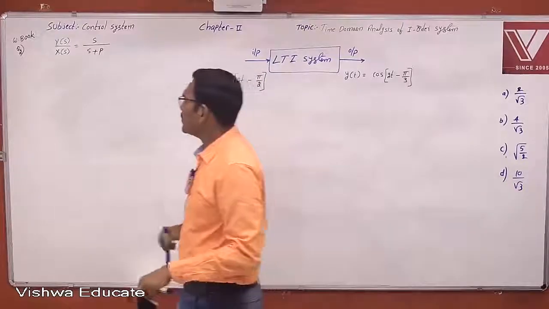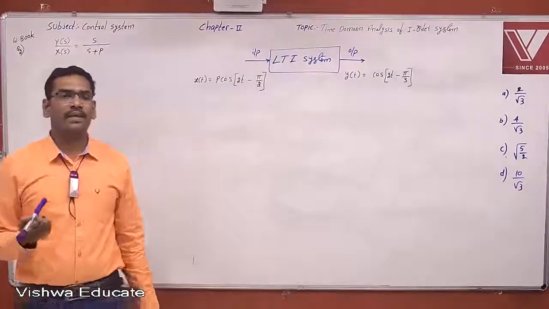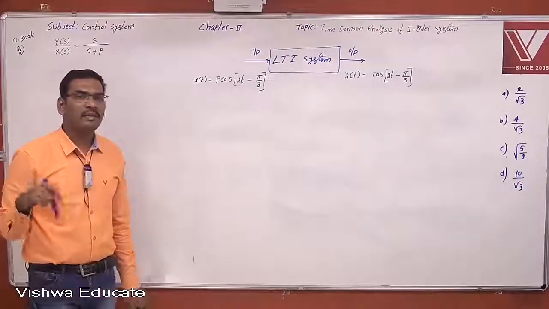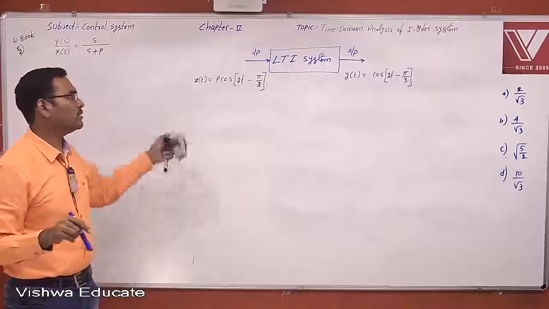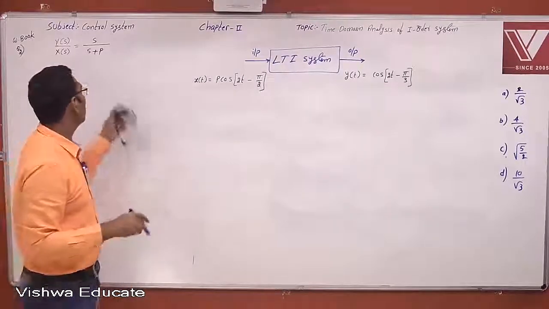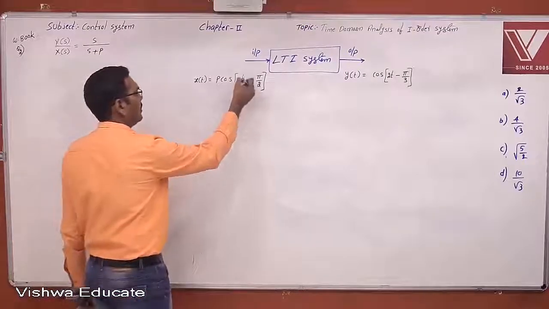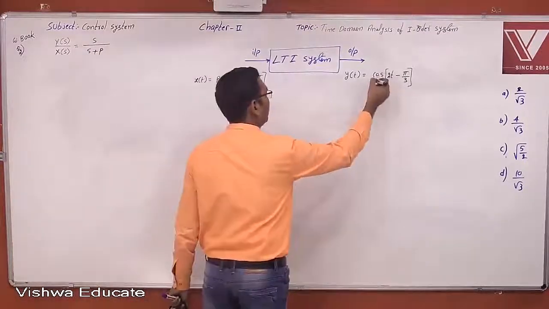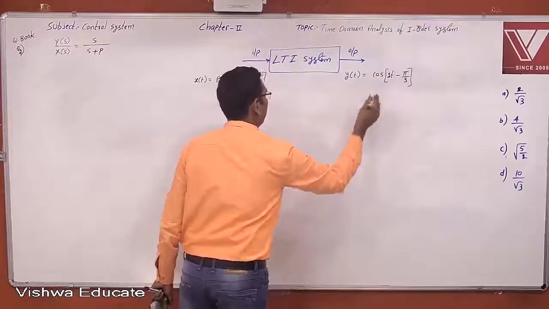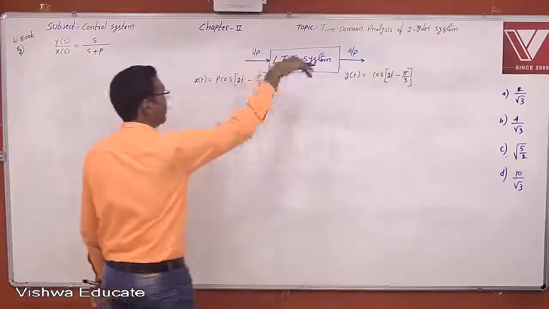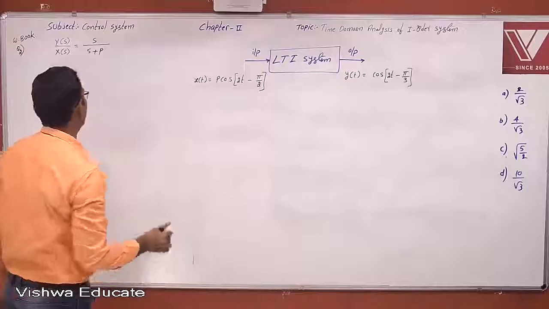Just try to concentrate. If you understand the basic question and how I explained the sinusoidal input, then this is also very easy for you. Now see here, what is the frequency of oscillation? 2 radians per second. Now forget about this and find what the output should be for the given sinusoidal input.